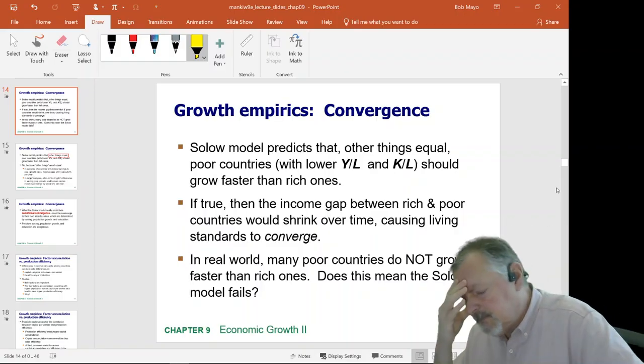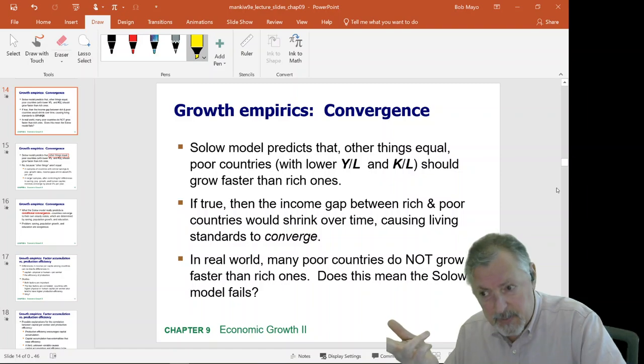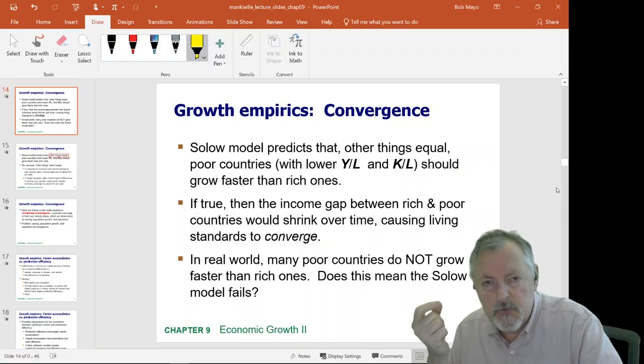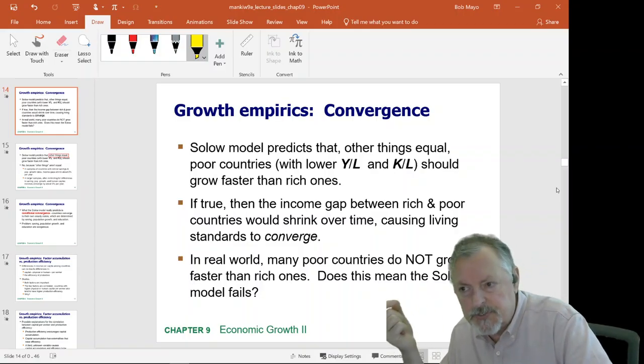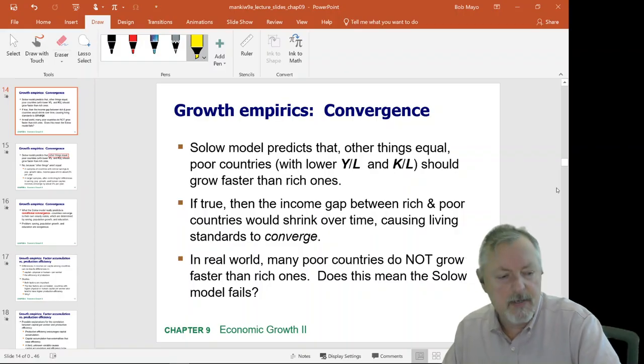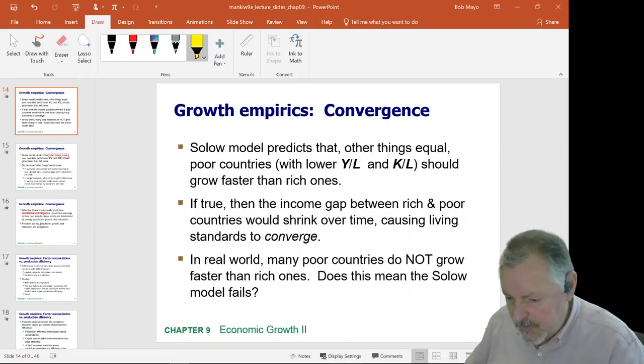Well, this means if you can get a higher rate of return that this model predicts in poor countries than in rich countries by investing your capital there, then capital should flow from rich countries to poor countries where the marginal product is higher. Is that what we see in the real world?